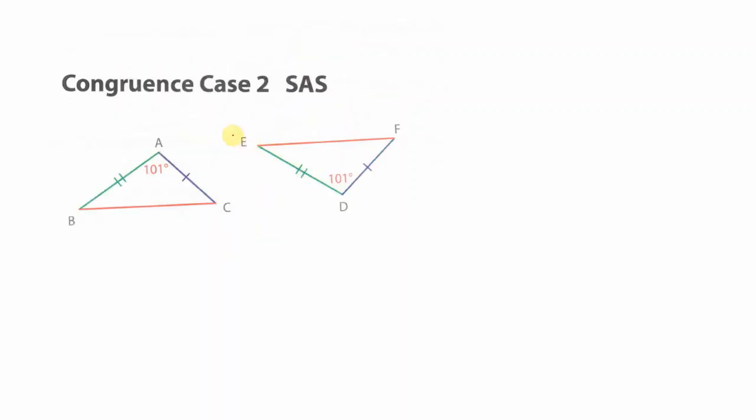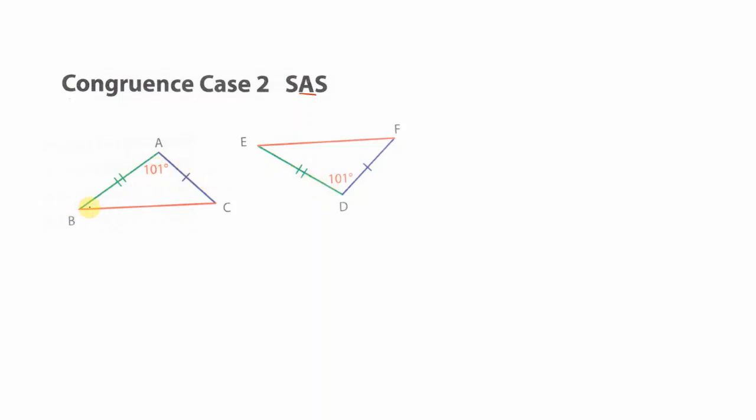The second sufficient condition to show that two triangles are congruent is what we refer to as side angle side. So this side AB is equal to ED. We have another side AC equal to FD, and then we have angle A equal to angle D. Now what's very important here is that the angle needs to be in between the two sides.